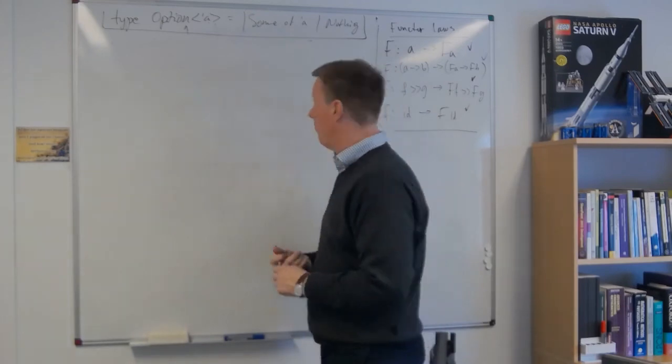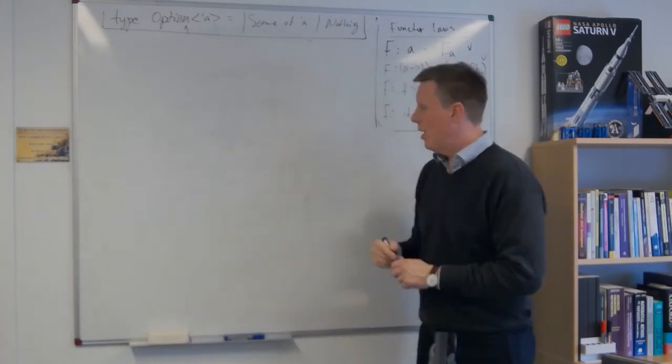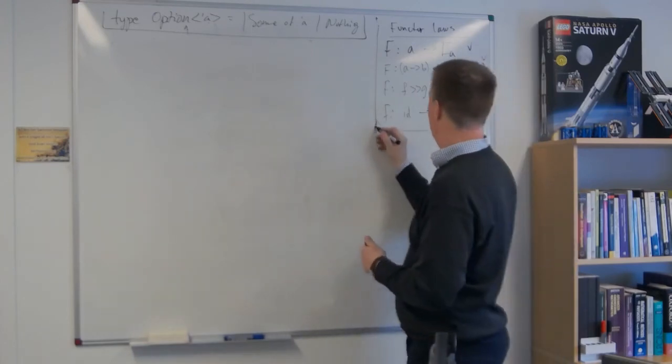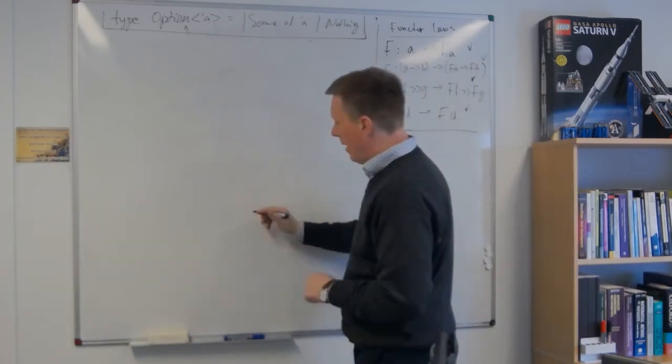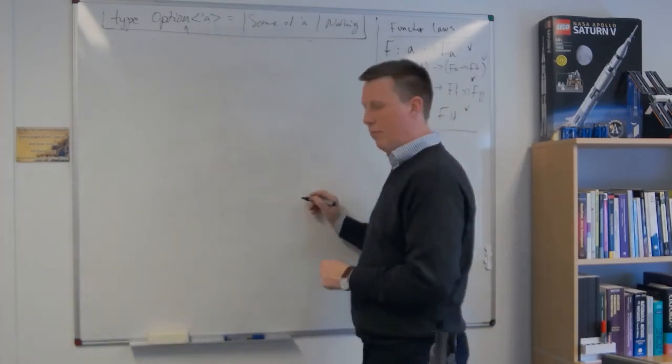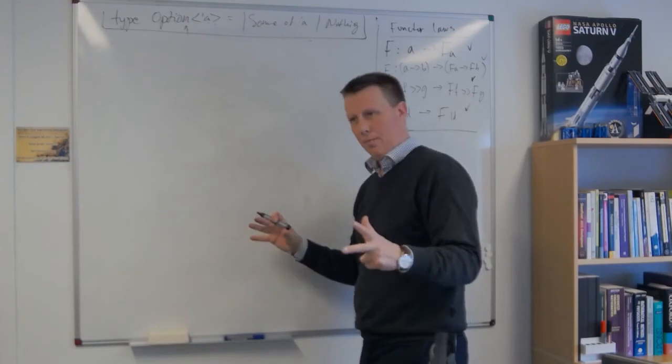Okay, so before we conclude this session, we could look a little bit at what this functor stuff is about. It's just a mental picture, really. So we can think about two worlds.